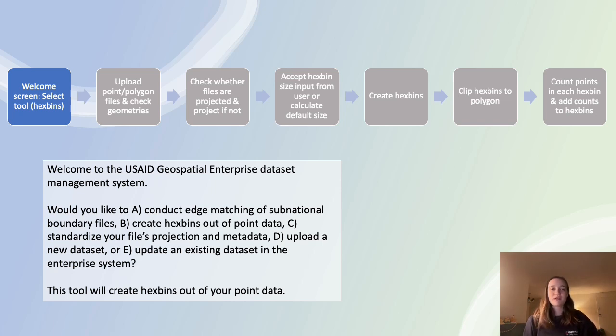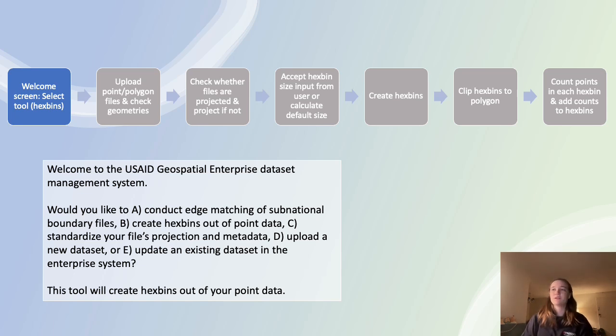In this case, I am using ACLED data for Kenya from 2014 to 2024 as the point data set, and I'm working on creating hex bins that are clipped to the boundaries of the country of Kenya. So that is what these example text boxes are referring to.